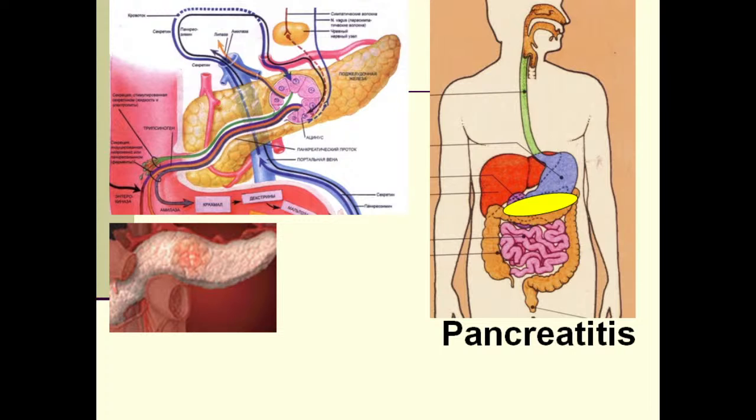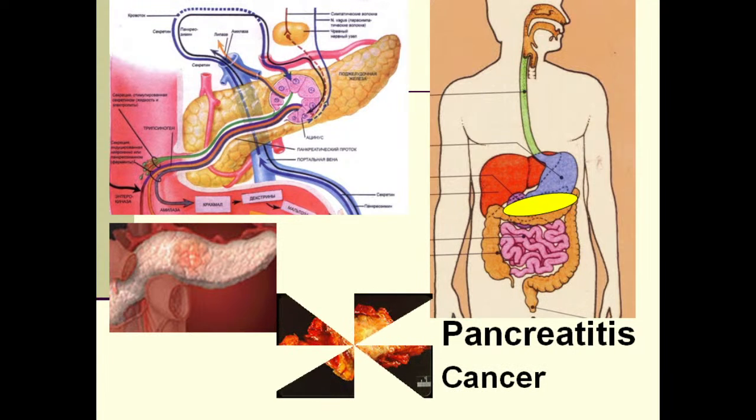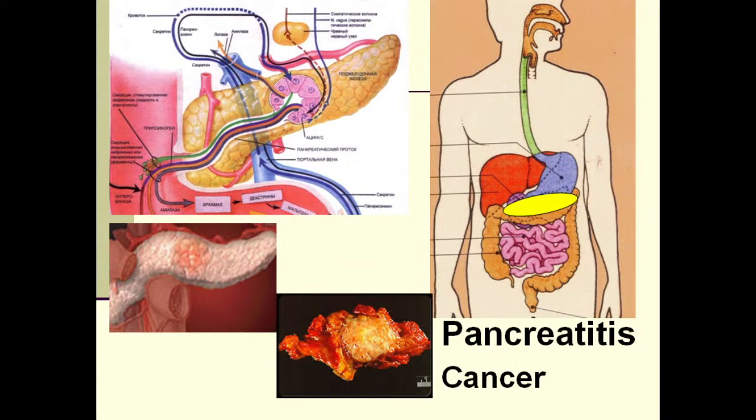But today we'll stop mainly on chronic pancreatitis, chronic inflammation of the pancreas, which is treated in the gastroenterological therapeutic department. Cancer processes are primarily diagnosed by a therapeutic physician and then treated in a specific oncological department.